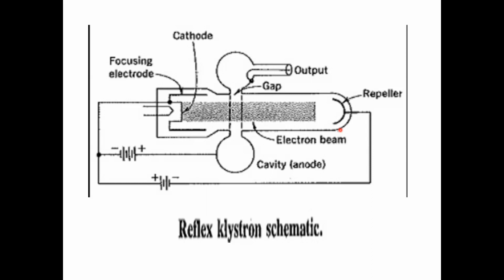So for most of the electrons, that is the most optimum departure time of the reference electron, which is at the 180-degree point with respect to the sine wave. Here we have the Applegate diagram.